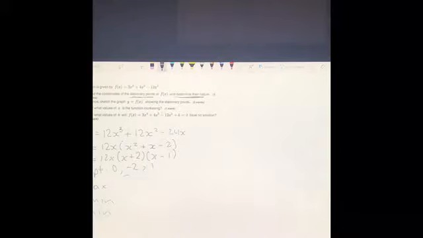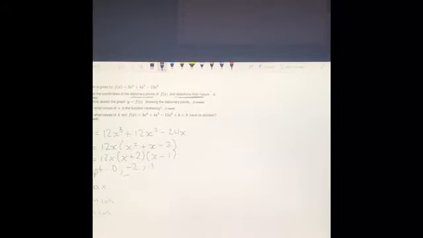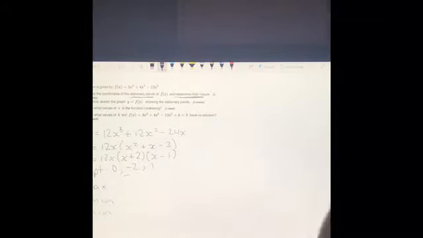Now we're going to get the full coordinates of each one. So we're going to again sub these into the original equation, and that will give us the y values because these are the x values.